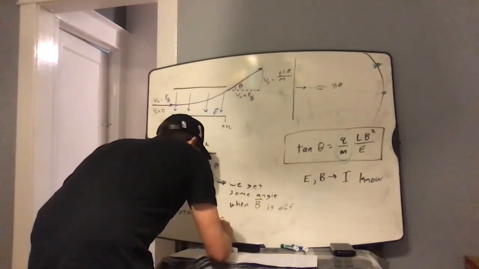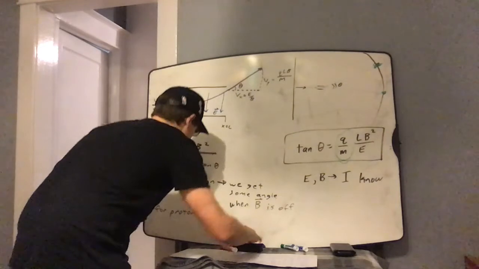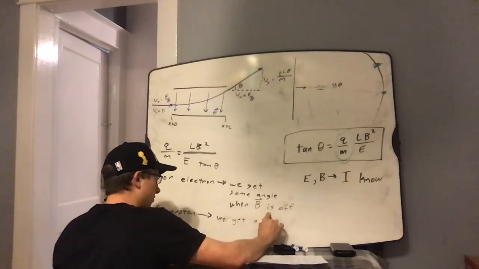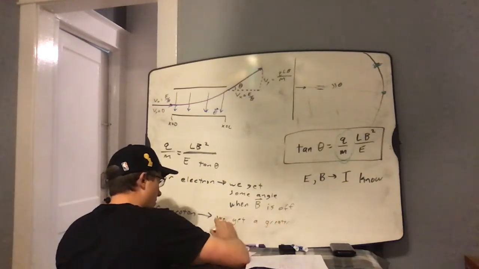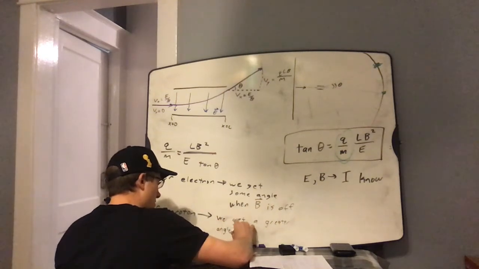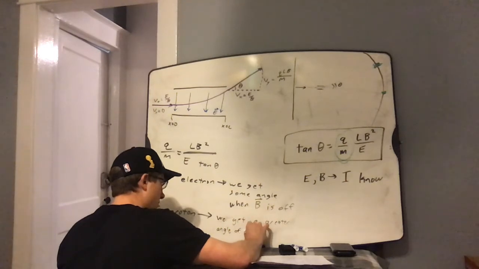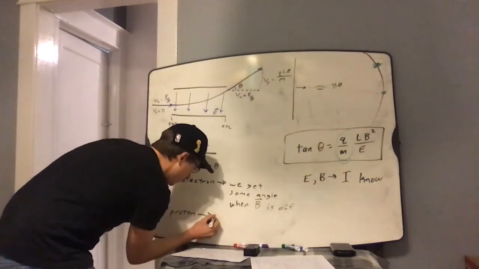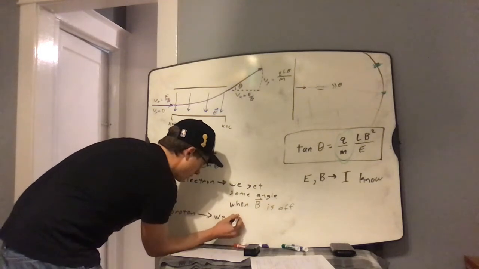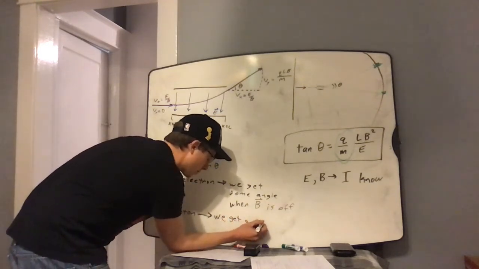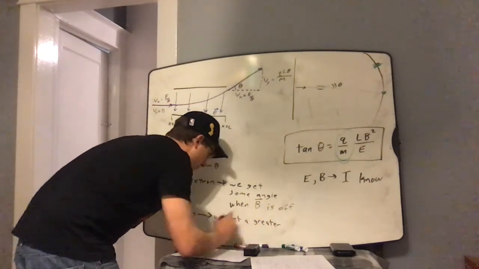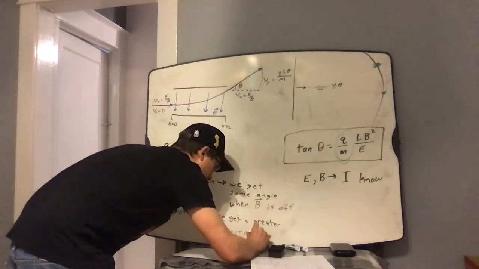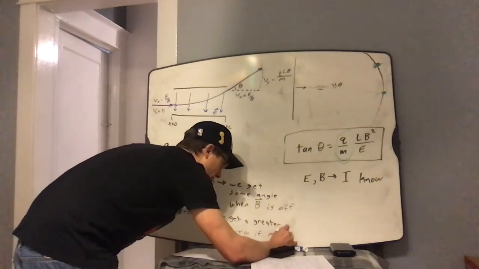So if that's the case, for a proton, we get a greater angle of deflection if M is greater.